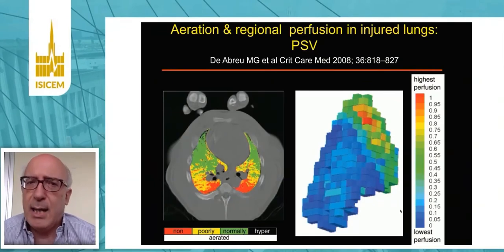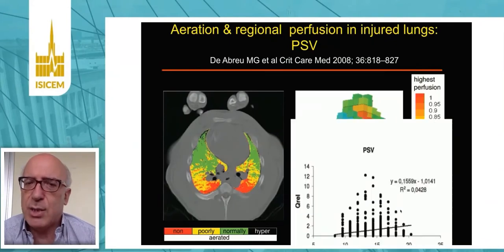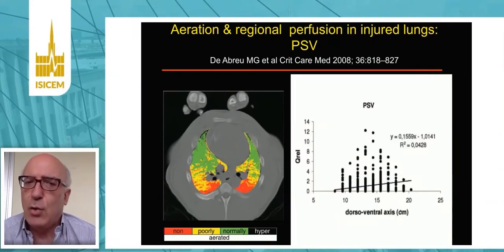Interestingly, when animals are moved towards more assisted mechanical ventilation, in this case pressure support, even if there are no major changes in the non-aerated and poorly aerated lung regions, there was a shift of regional perfusion towards the non-dependent part of the lung.